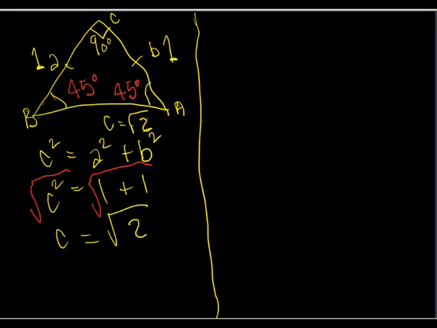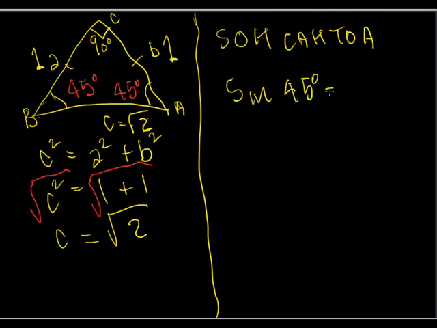So, moving on, with our old friend once again, Sohcahtoa, we can now look at sine 45 degrees equals opposite over hypotenuse. The opposite is 1, and the hypotenuse is root 2.